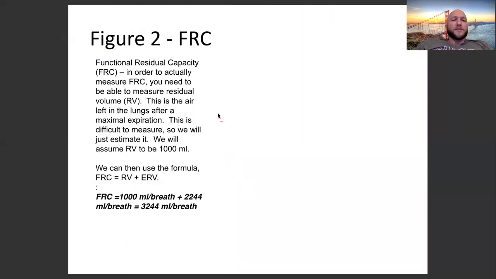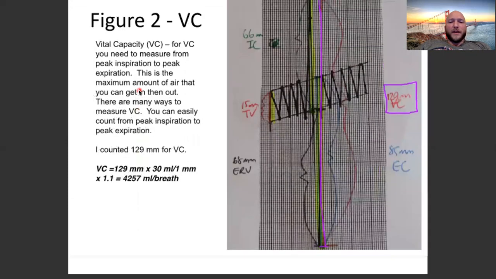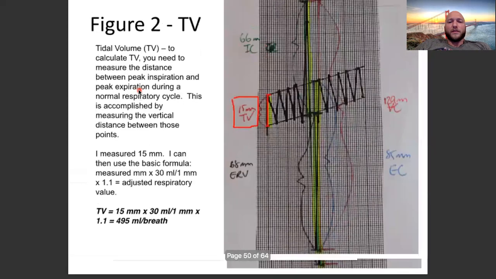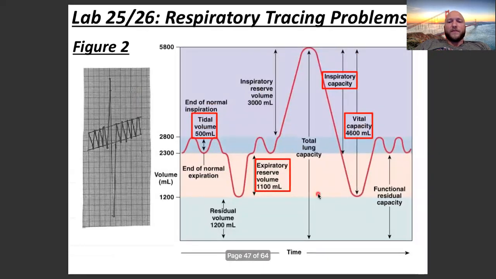So for functional residual capacity, in order to actually measure it, we need to make some assumptions, okay? So this is functional residual capacity. Let's go back. Functional residual capacity.